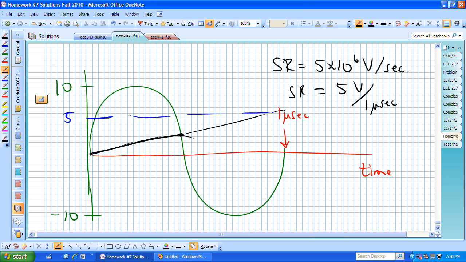And now, if you look, this point is going to be halfway towards the period. So here is half of a microsecond. And by that point in time, we are roughly at halfway. So we're now getting to 2.5 volts before we have to switch direction. We finally caught up, but now when we get over here, we're not going to be at 5 where we would like to be in 1 microsecond, but we're only halfway there.